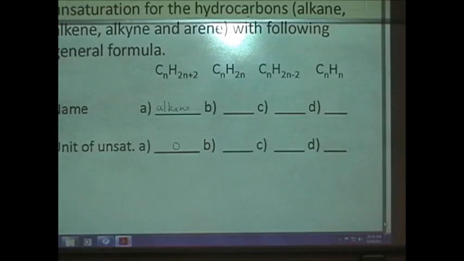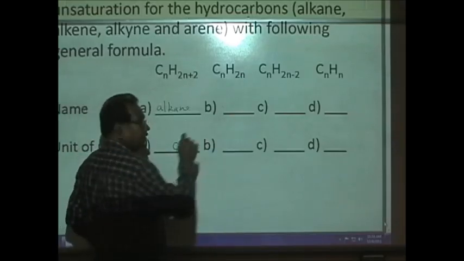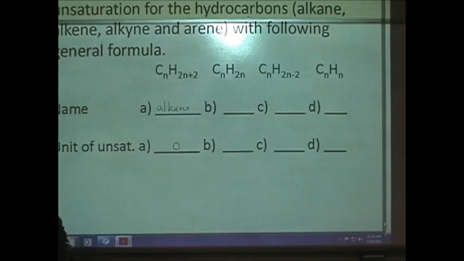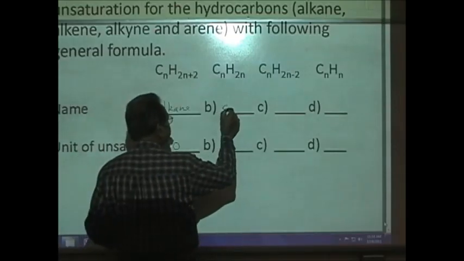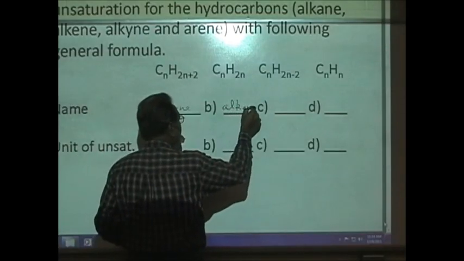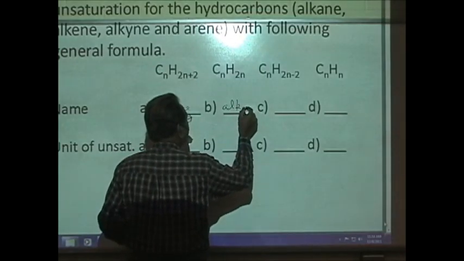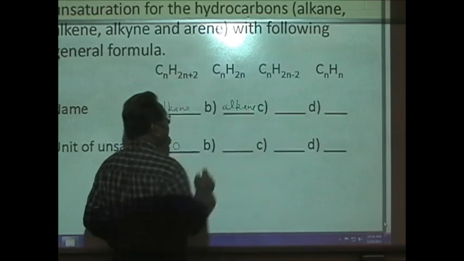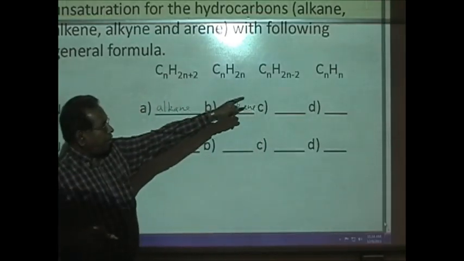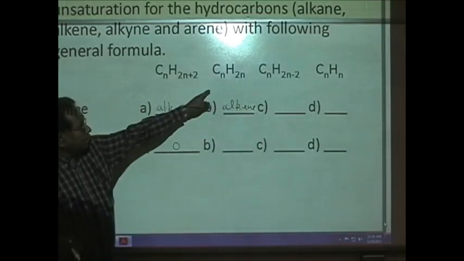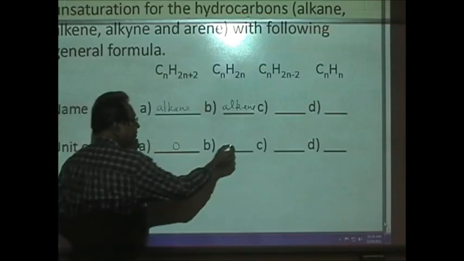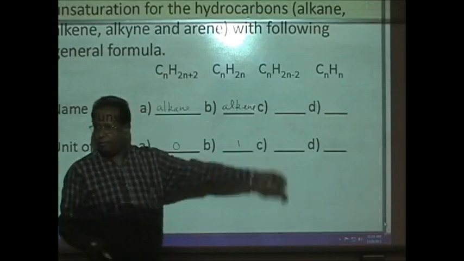So therefore, this answer should be alkene, right? The general formula is CnH2n. Now this would have only one unsaturation.